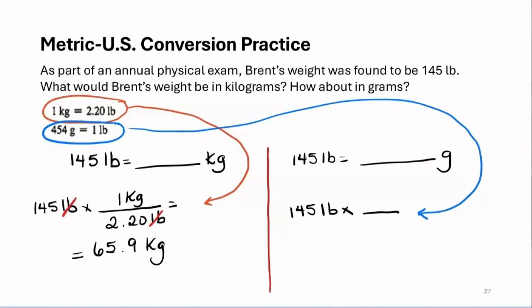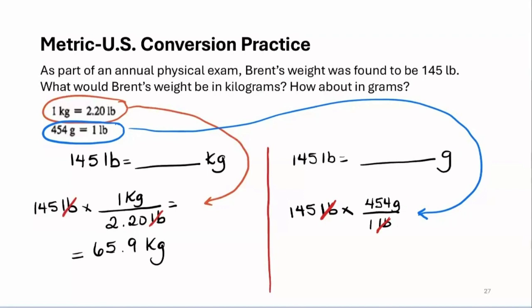Here, I can observe that the unit of pound matches this side of my equality. So in the bottom of the fraction, I'm going to write 1 pound. On the top, I'm going to write what it equals to, 454 grams. Let me cancel the units. Pounds and pounds cancel. That means that the remaining unit of measurement is grams, which is what is needed.